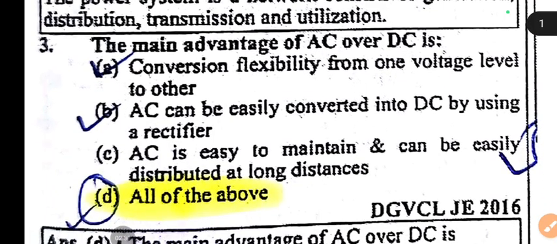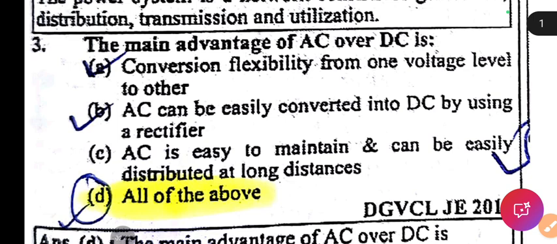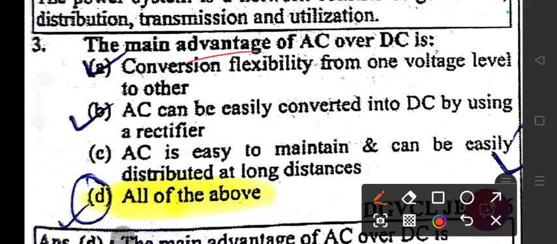The main advantages of AC over a DC system, meaning the merits of AC over DC. See, conversion flexibility from one voltage level to another. Yes, very good. AC can be easily converted into DC by using a rectifier circuit.